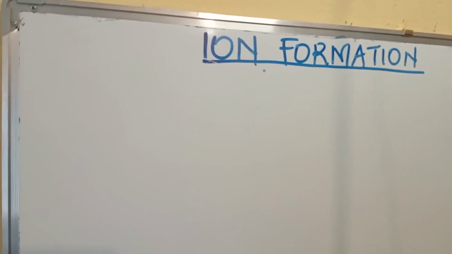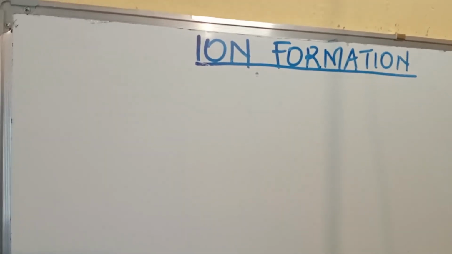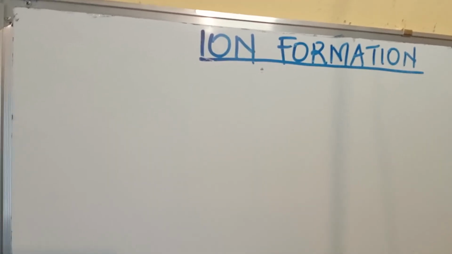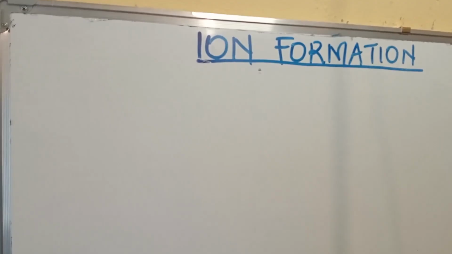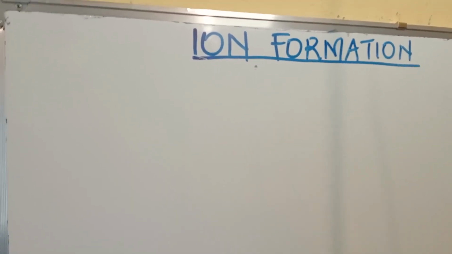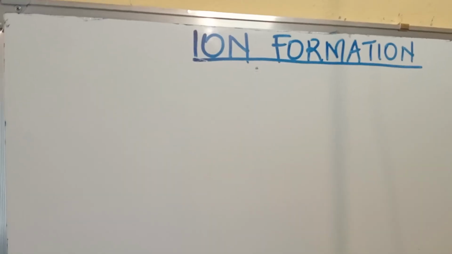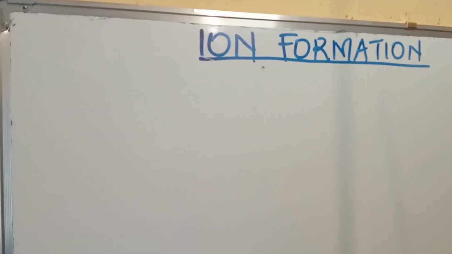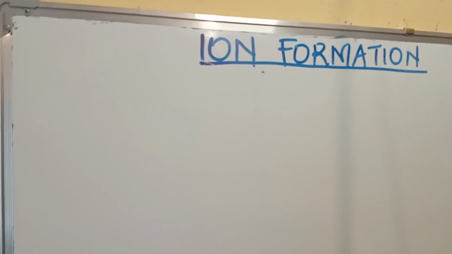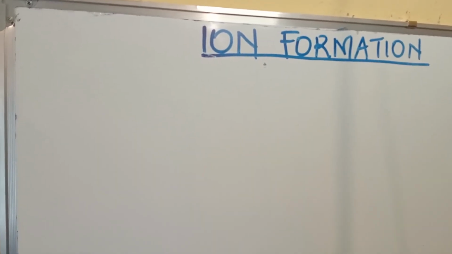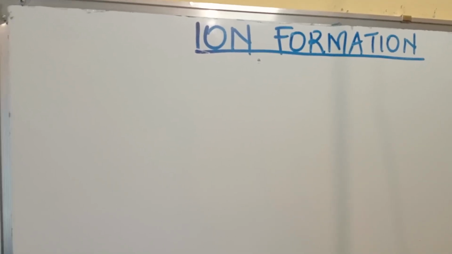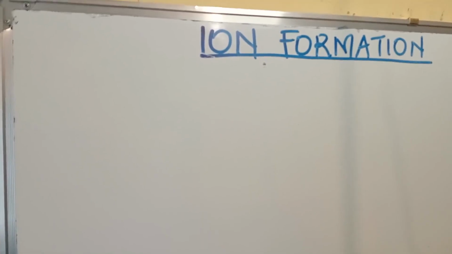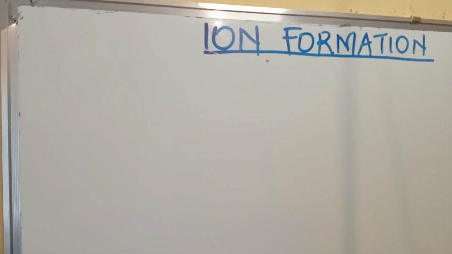Next, make sure that as we move on, you be very keen, because the information that you'll be getting from this lesson can also assist you to understand more on ionic bonding. The same ions that will be forming here are the same ions that can be used in ionic bonding. So make sure that you understand how the ions come about.